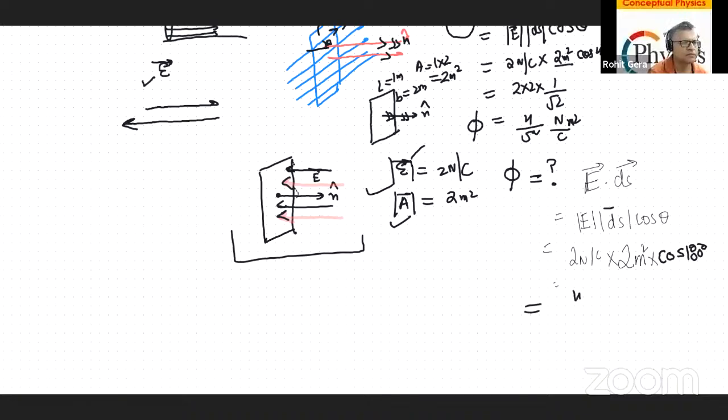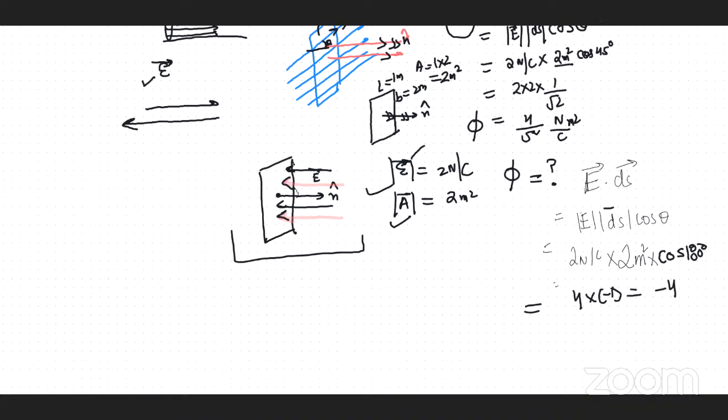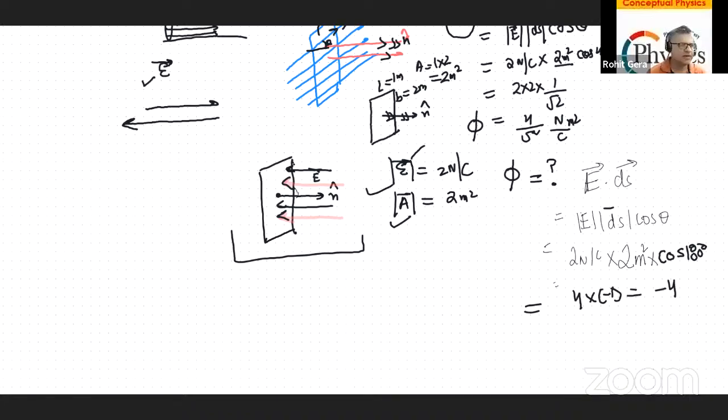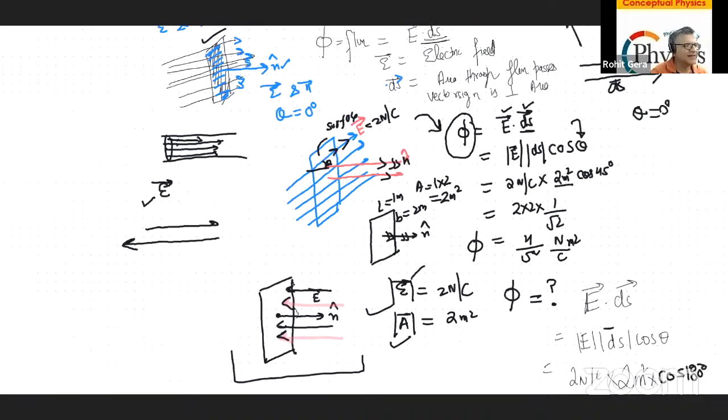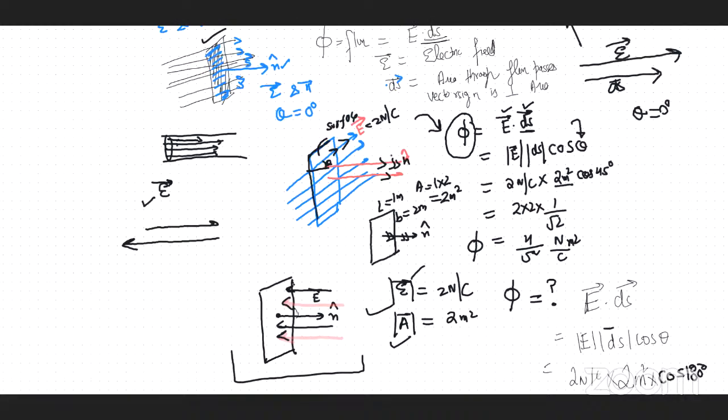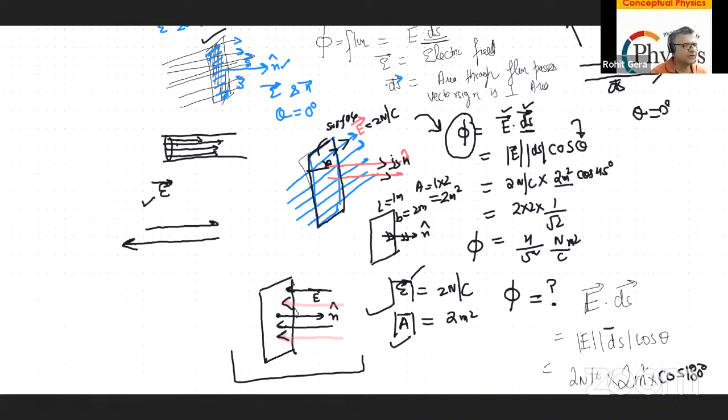Could you repeat how we got 45 degrees in the angle here? Yes, I can. Now you are curious, right? Earlier you did not understand. The area is visible to you, right? The rectangle is visible.